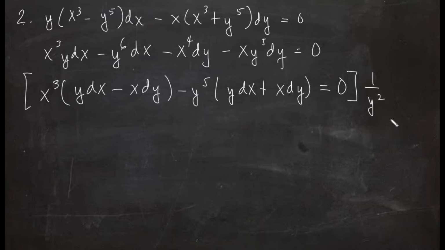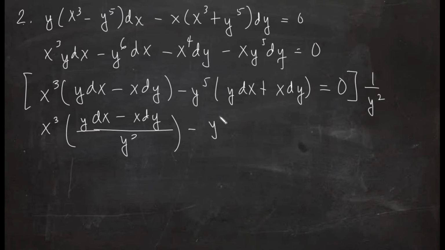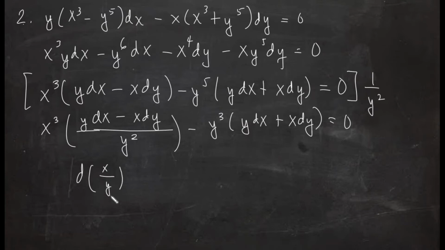So if we multiply by 1 over y squared, then this will now become x cubed times y dx minus x dy all over y squared, minus y cubed, then y dx plus x dy is equal to 0. Now, this one is already the differential of x over y.